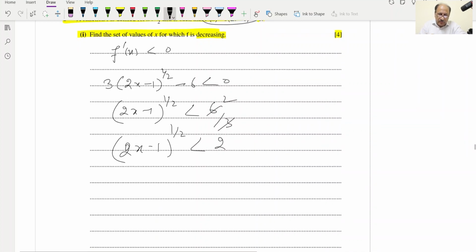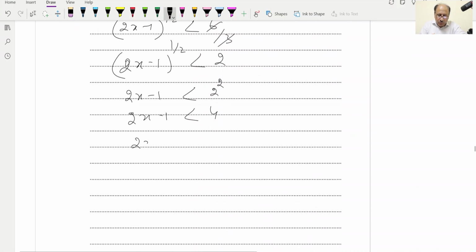Further we can square both sides, so 2x minus 1 will be less than 2 squared, which is 4. So 2x will be less than 4 plus 1, which is 5, so x will be less than 5 by 2.